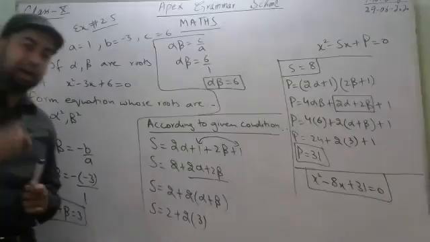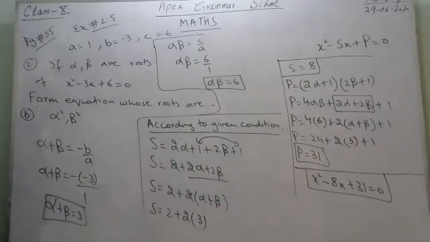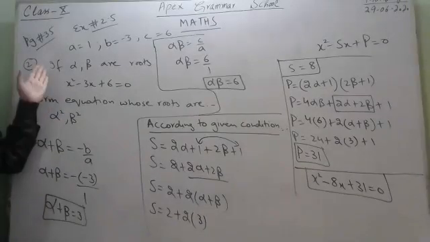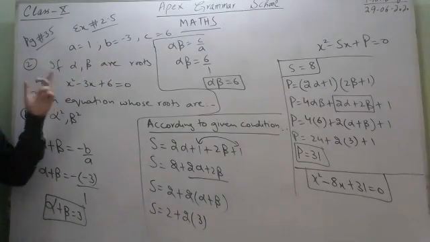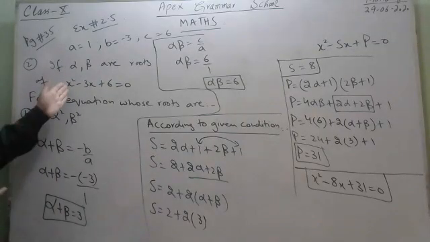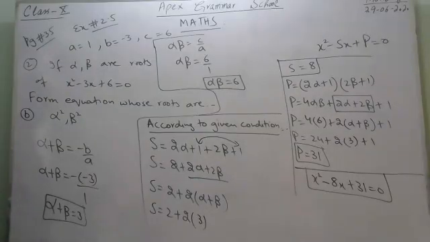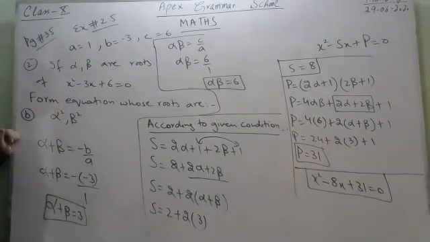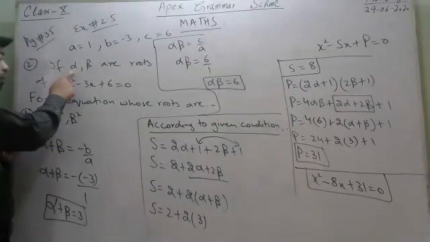First, you need to understand what he is asking. I hope some of the students easily realize that he is asking: if alpha and beta are the roots of this equation, and we still don't know what alpha and beta values are, and we don't need to know, what if he changes alpha to, just like in the previous question 2 alpha plus 1, but in this case alpha to alpha square?